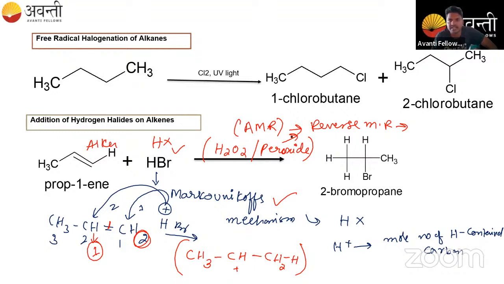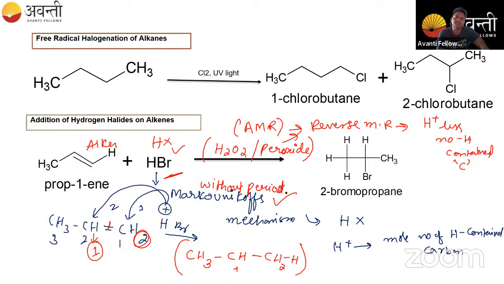In the case of peroxide, we also call it the Kharasch effect. In the presence of peroxide, the H plus will go to the carbon with fewer hydrogens, but without peroxide, H plus will go to the carbon with more hydrogens.